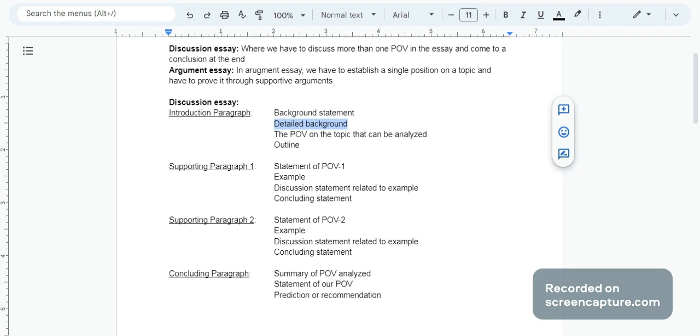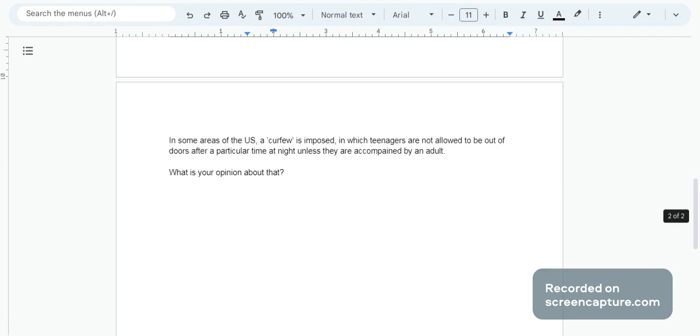In the third line, we have the point of view on the topic that can be analyzed. When I write the example you can understand it better. It is basically the main tagline of our topic.